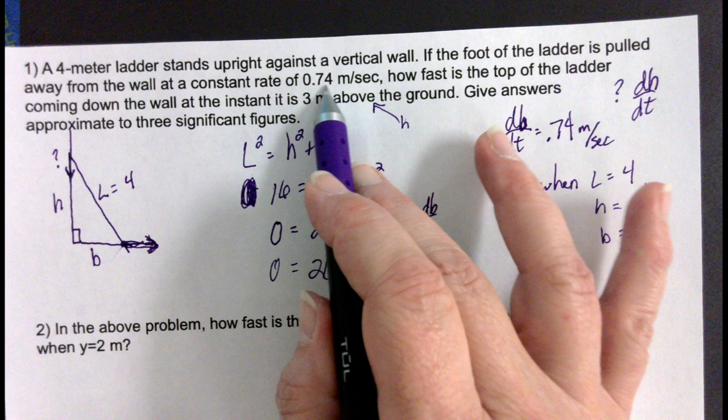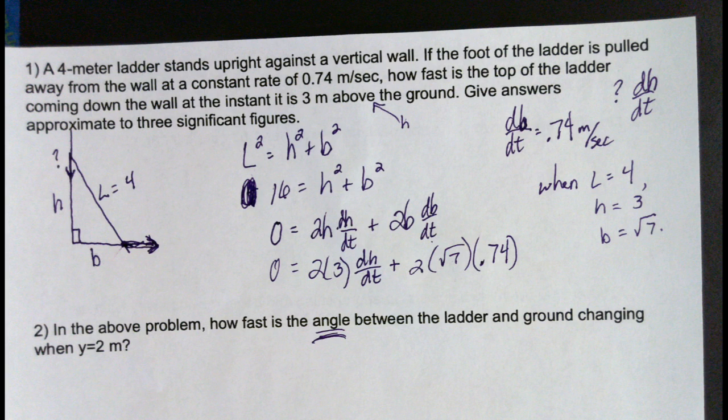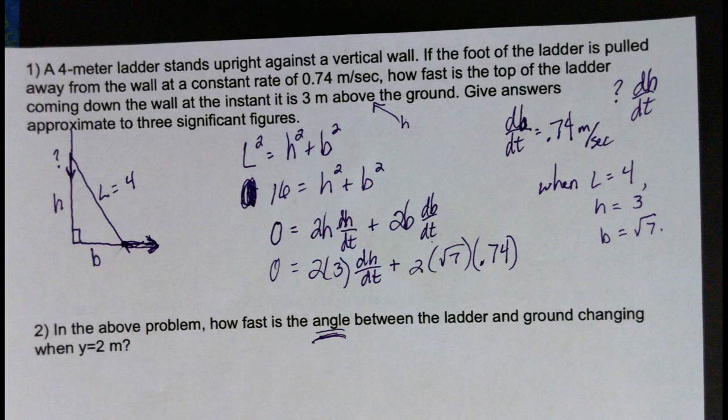Going off that equation, I got negative B dB/dt over H. But whichever way you fill that out, you will end up getting negative square root of 7 times 0.74 over 3. Notice I didn't have a 2 and a 2 because those would cancel out, but you ended up doing the same thing. And that is going to be something horrible, negative 0.653. That is what I got.